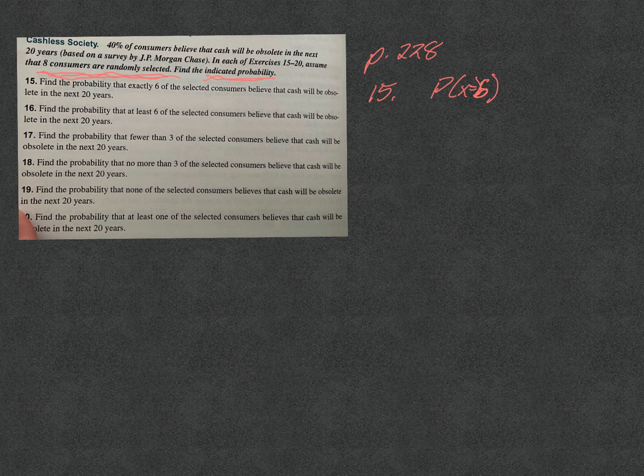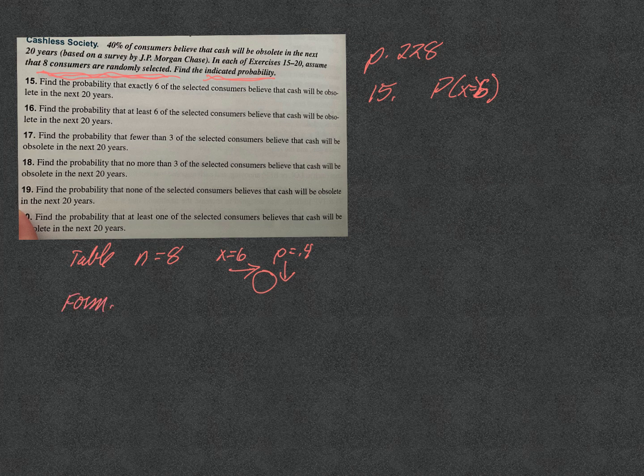If you think about this, we could use the table, because n equals 8. From the table, we could go to where x equals 6, look for the probability equal to 0.4, and go down and across and find the number. That would be one way to do it. We could also set this up by formula.